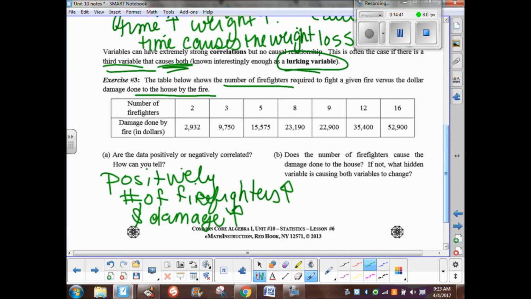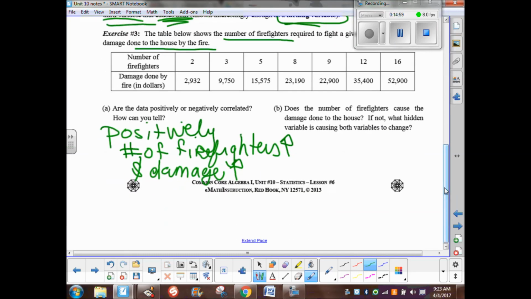Maggie? Yes, it is the lurking variable. The size of the fire: the bigger the fire, the more firefighters it brings in, and the size of the fire is going to do more damage, so that money is going to increase. So that third variable, that lurking variable, is the intensity or size of the fire.